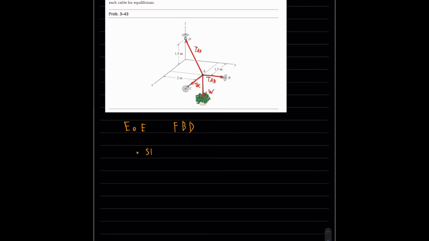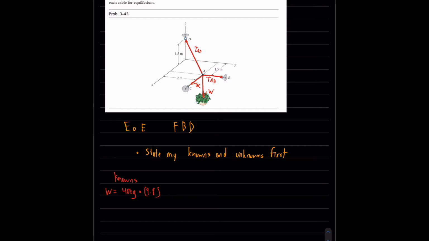First, my knowns. I have the weight of the pot, which was said to be 40 kilograms times the gravity here.